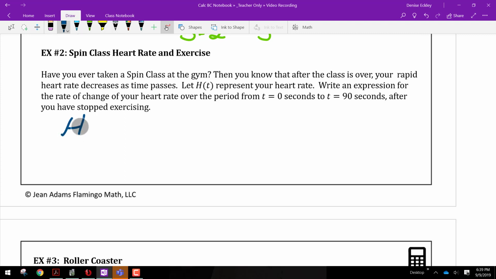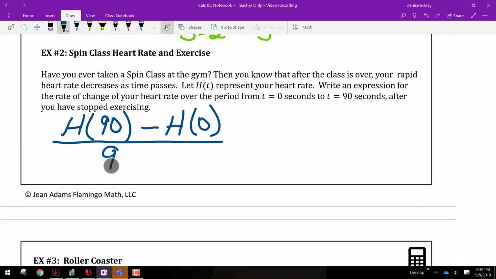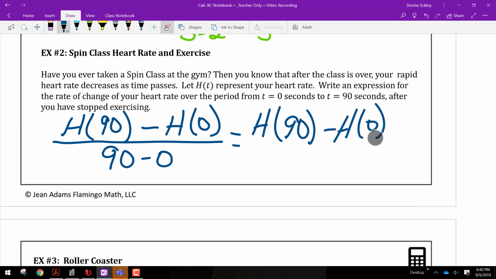So what we're going to know is that we want to find the value after 90 seconds of our heart rate and the value right after we get off the spin bike. And then we're going to see the change in the amount of time, which in this case is 90 because we're starting from time 0. So the expression we're looking at is h of 90 minus h of 0 over 90.